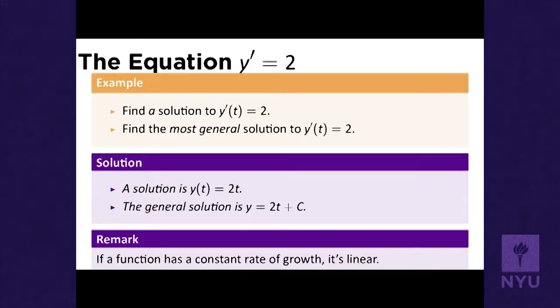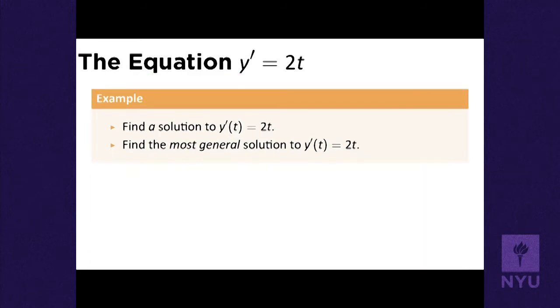So the upshot here is that if you have a function that grows at a constant rate, in this case it's 2, then that function is a linear function. You know that, if the slope is constant, the function is linear. Okay. How about y prime equals 2t? Find a solution and then find all the solutions to this differential equation.